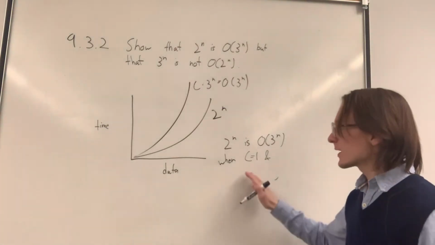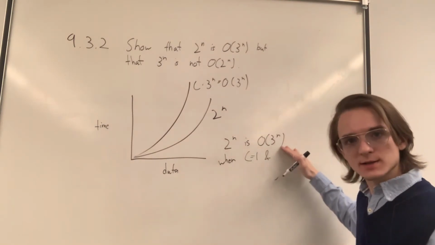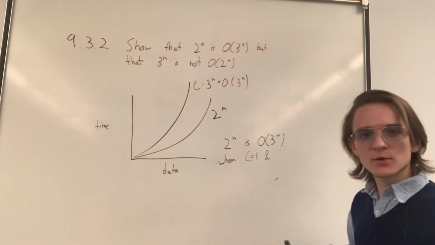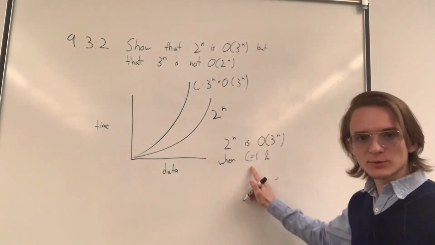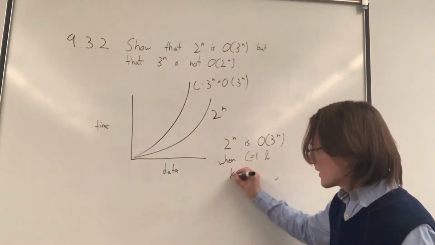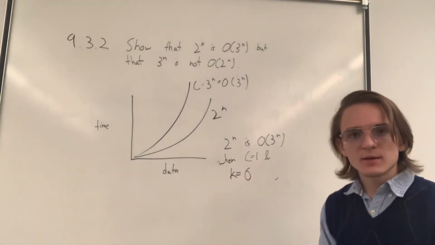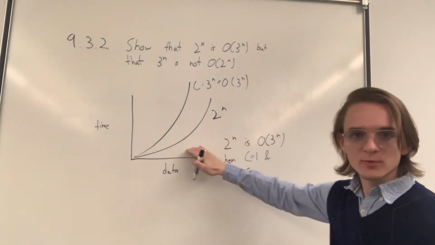So we know that 2 to the power of n is big O 3 to the power of n because 3 to the power of n times c grows more quickly than 2 to the power of n when c is equal to 1. But we're missing the witness k. We would say k is equal to 0 because 0 is where both of these growth rates intersect.